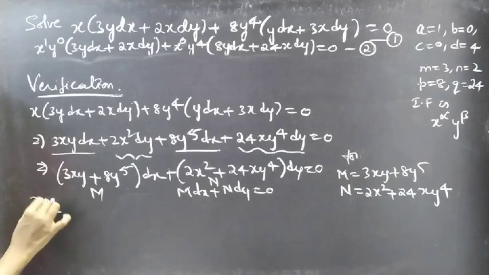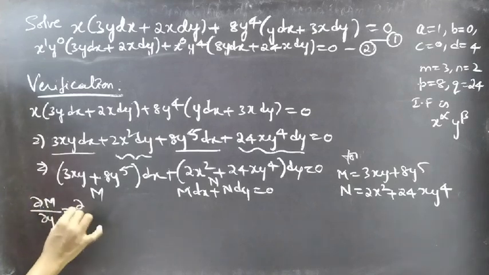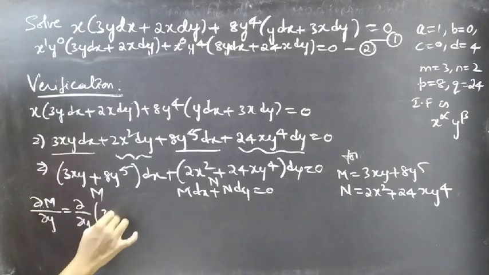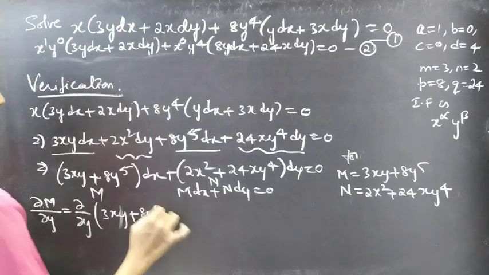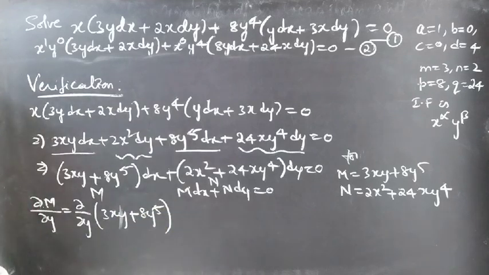I'll begin with the partial derivative of M with respect to y. This equals dou by dou y of (3xy plus 8y power 5). Since we need to find the partial derivative with respect to y, x is treated as constant.